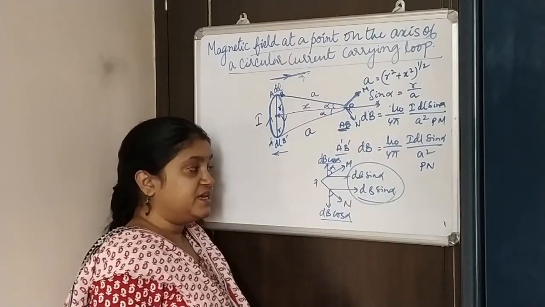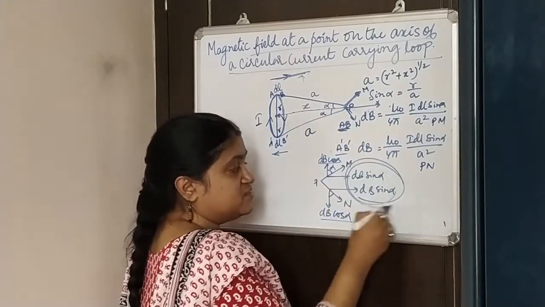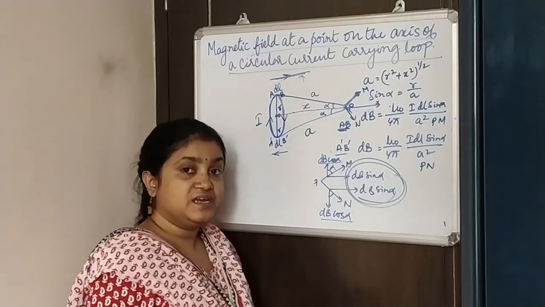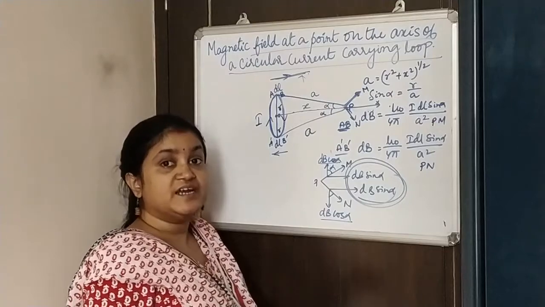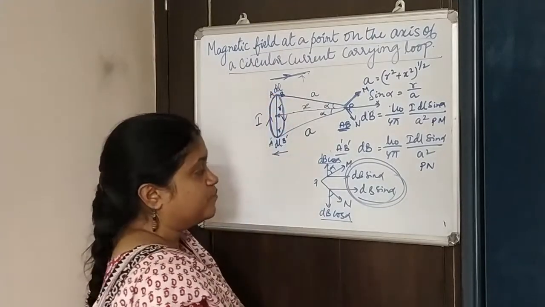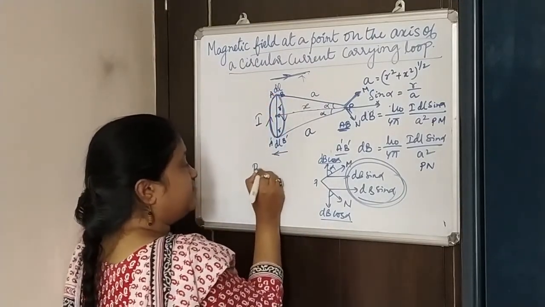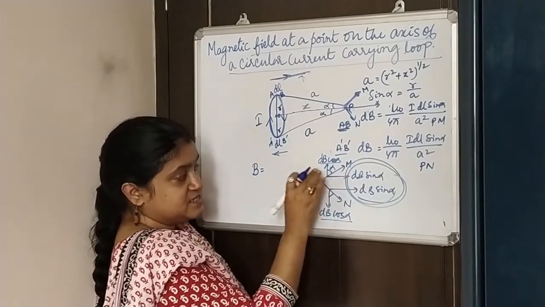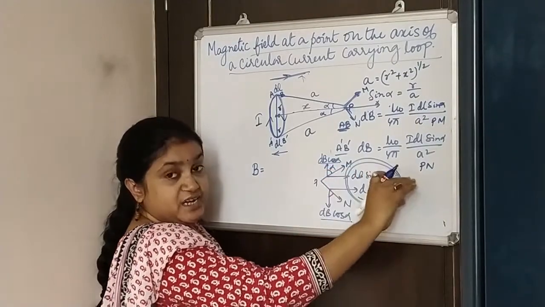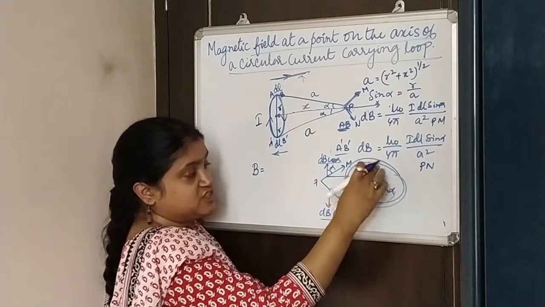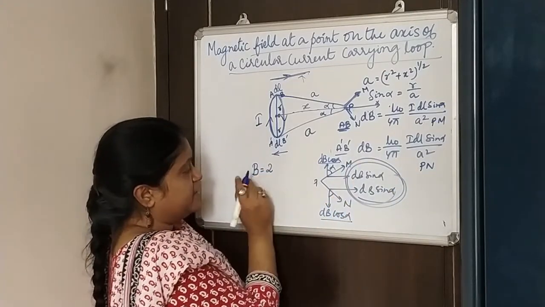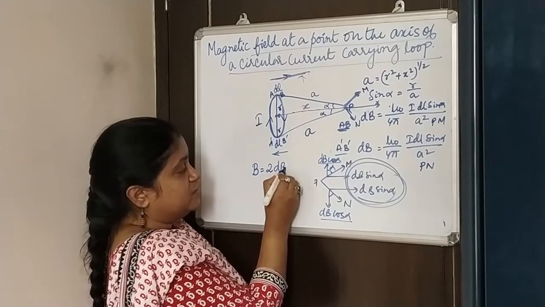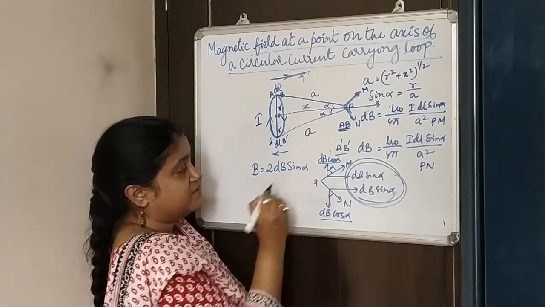So this is my effective magnetic field due to these two oppositely directed current elements in a circular loop. They are all in the same direction, so they add up together. Then I can write my total magnetic field as 2 dB sin alpha.